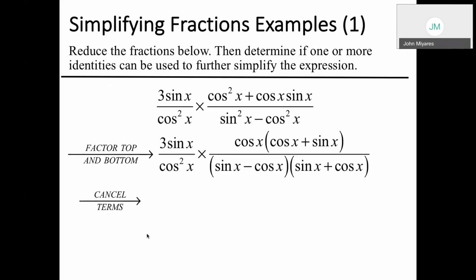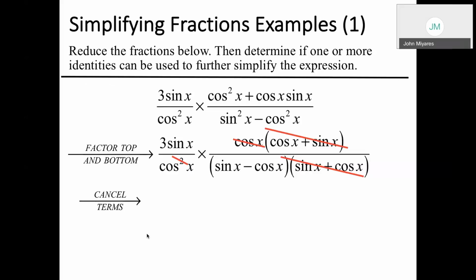From here, let's try to cancel some like terms. The cosine x in the numerator will cancel with 1 power of cosine in the denominator of the left-hand fraction, and the cosine x plus sine x in the numerator and denominator of the right-hand fraction will cancel each other out.